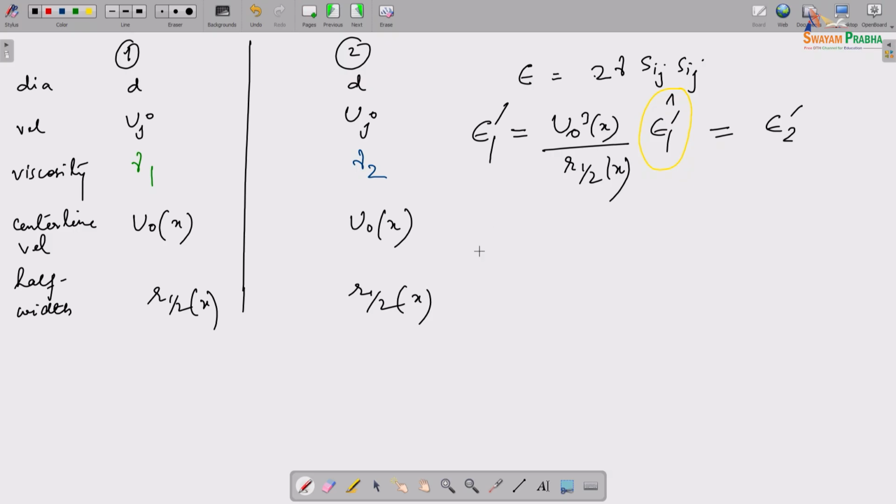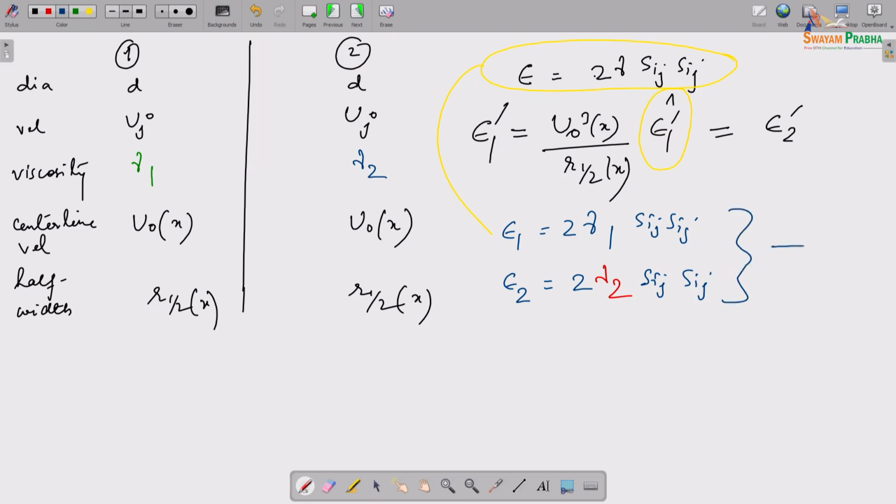Now, epsilon, like I said here, is this. However, if I use this expression, then epsilon 1 is 2 nu 1 Sij Sij, and epsilon 2 is 2 nu 2 Sij Sij. These things don't appear to be the same.